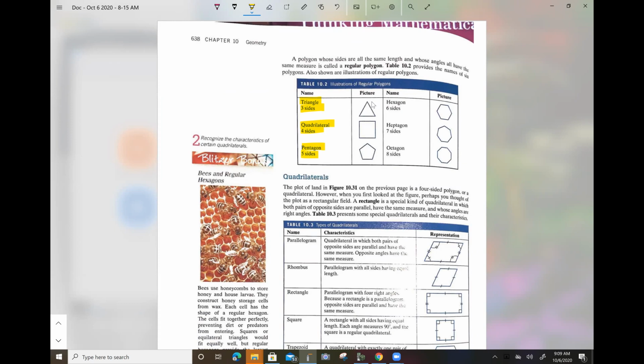The pictures that they're showing us here are called regular polygons, which is what they would look like if every side was the same exact measure. They don't have to look like that, but that's just what they're going to show us for those basic pictures.